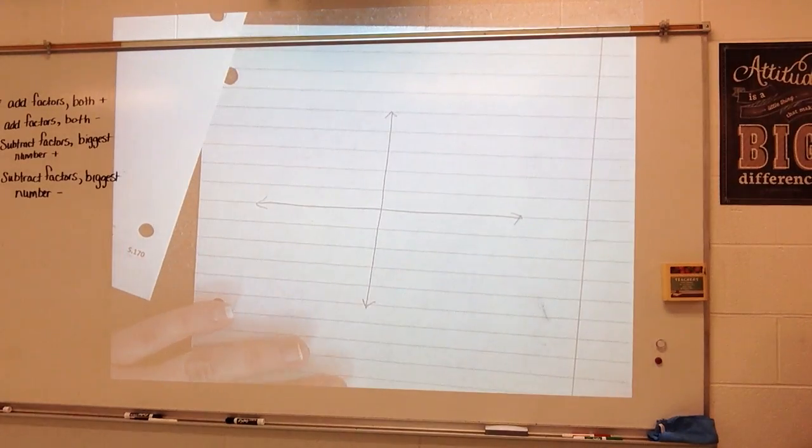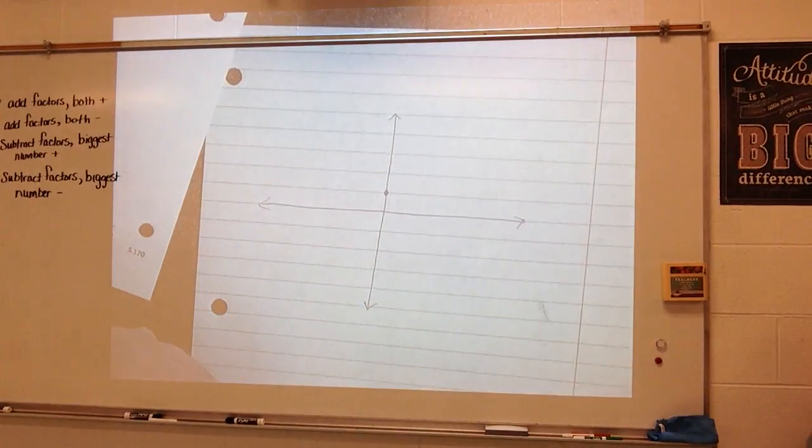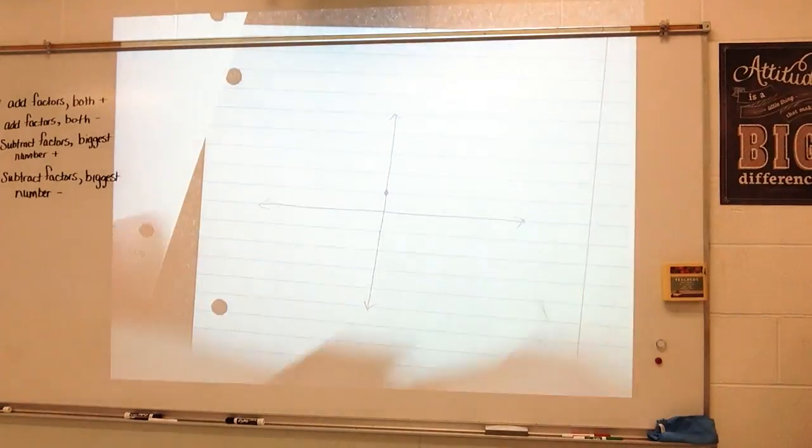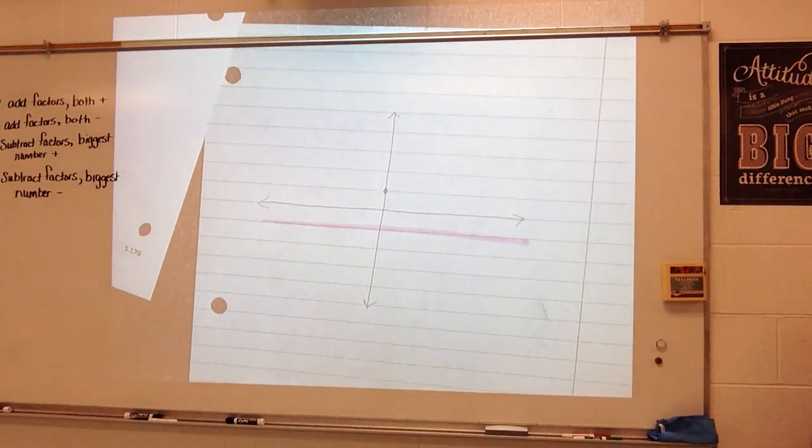So if I have a focus at (0, 1), there's my focus, and my directrix is at y equal to -1. So here's my directrix. How can I use the definition of a parabola to quickly locate at least 3 points on the graph?